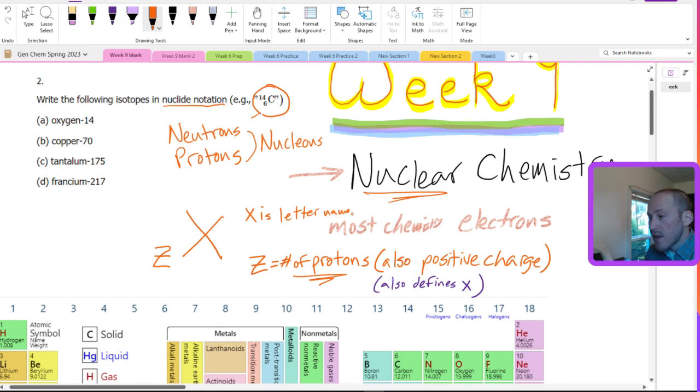Okay, so then we just have that top corner where we have A, and A is the mass. Now, mass is the neutrons plus the protons, and each one is worth 1.